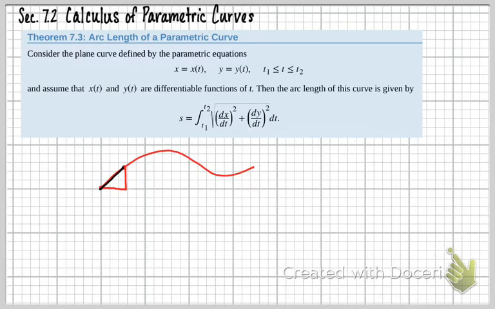But let's realize what this is here. That's my change in x. This here is my change in y. So how can I find that hypotenuse? It's going to be the square root of the change in x squared plus the change in y squared. And that's what that formula turns out to actually be here. That's how I find that hypotenuse.